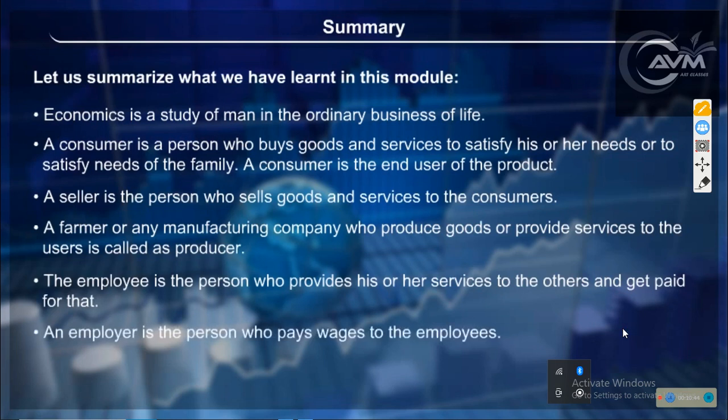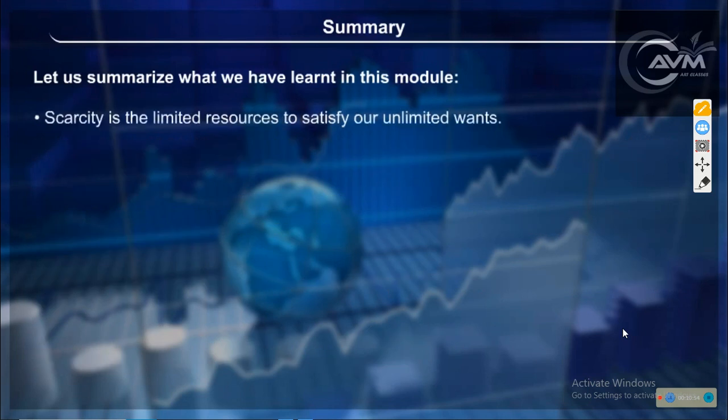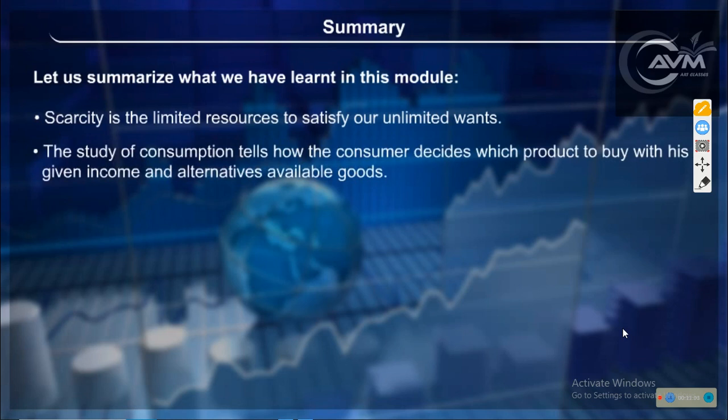An employer is the person who pays wages to the employees. Economic activities are done for monetary gain. Scarcity is the limited resources to satisfy our unlimited wants. The study of consumption tells how the consumer decides which product to buy with his given income and alternative goods available.